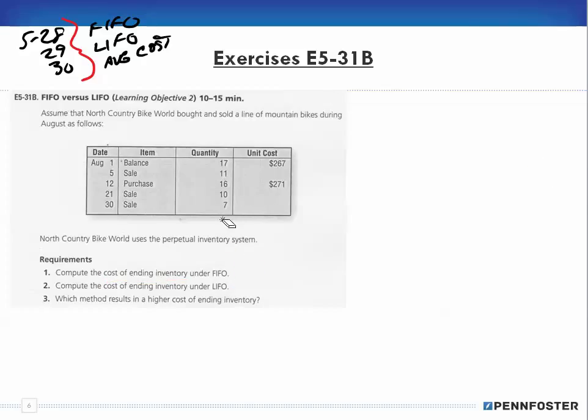You can do that here, but I'm not going to, and neither did the solution, because all we were focusing on was the cost of the ending inventory using the FIFO method and then the LIFO method. So I'm not going to go through all of the journal entries. I'm basically just going to show the math, and you'll see what I mean.